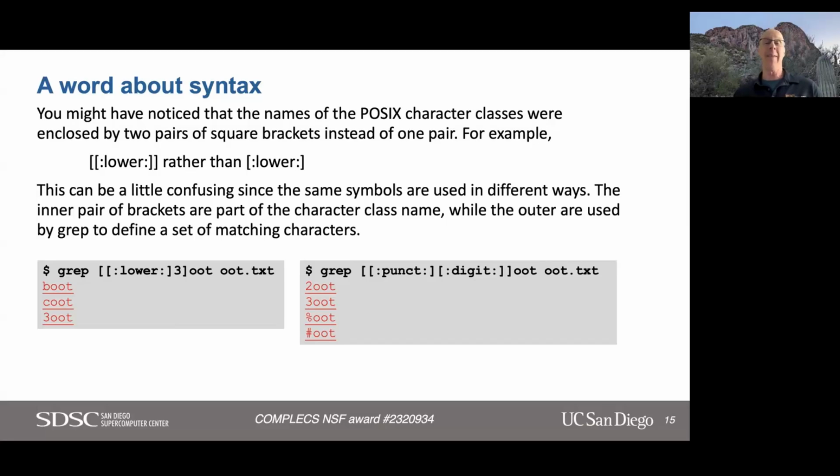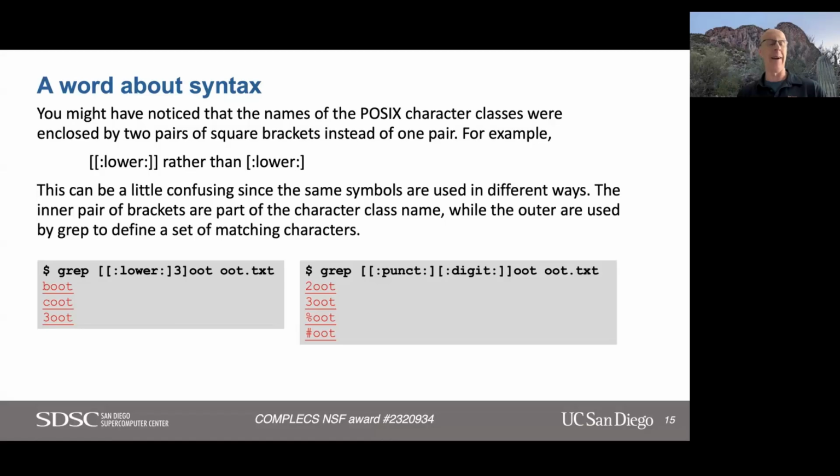So, like I said, this could be a little confusing, but I think it becomes a little clearer if you think of each of those character classes as being expanded out to that list of characters, which is then enclosed within those outer square brackets. And notice though, that with the syntax, I could specify more complex combinations of characters.